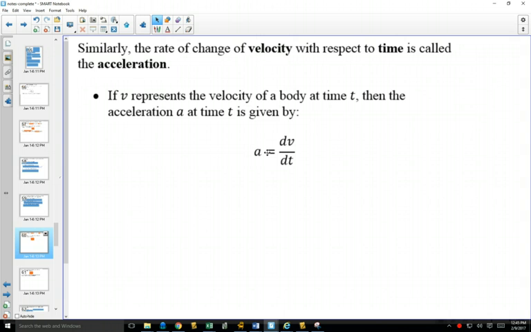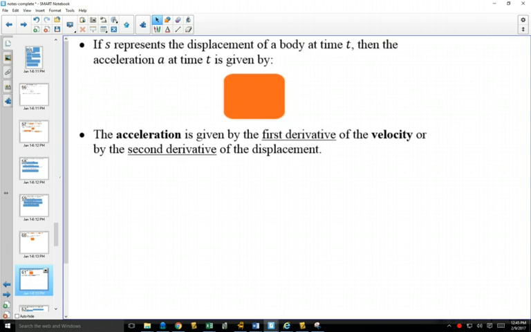Acceleration is dv dt. And then you could also say if you started with your displacement formula, well, then your acceleration is the second derivative. And this is Leibniz notation for the second derivative. First derivative of velocity, second derivative of displacement.